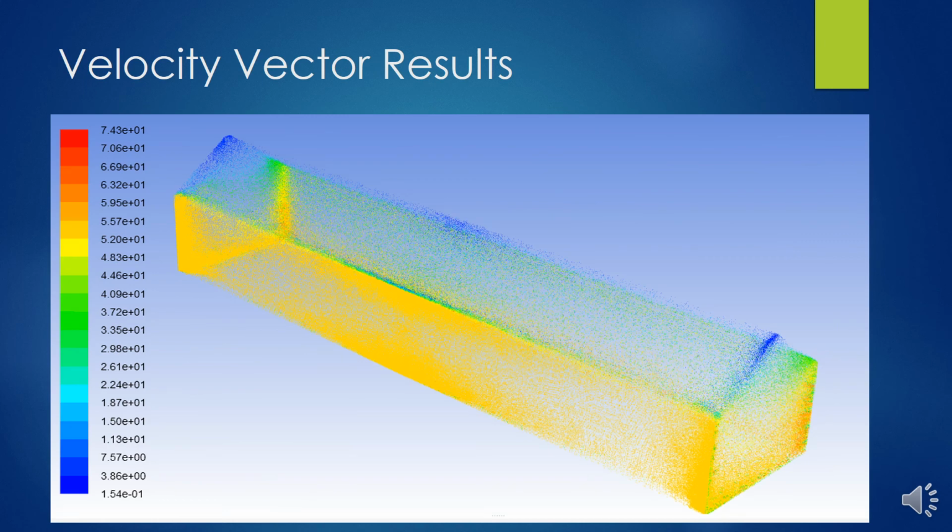The following velocity vector results are from the 120 mile an hour wind simulation that I ran. As you can see, the center of the mobile home is probably where most of the velocity is going. It's, I'd say, bright orange, or not bright orange, burnt orange to yellow, ranging from 5.95 to 5.20.